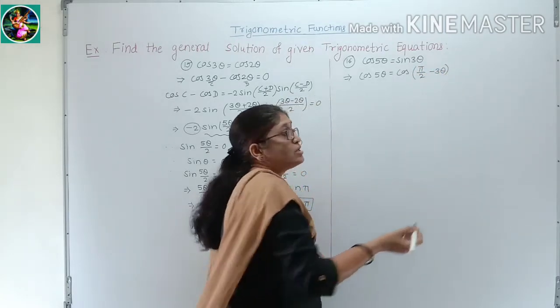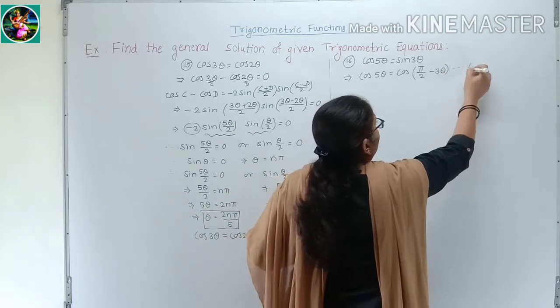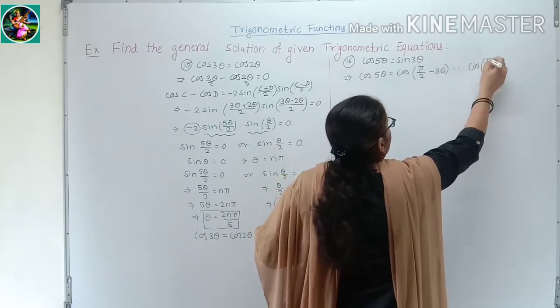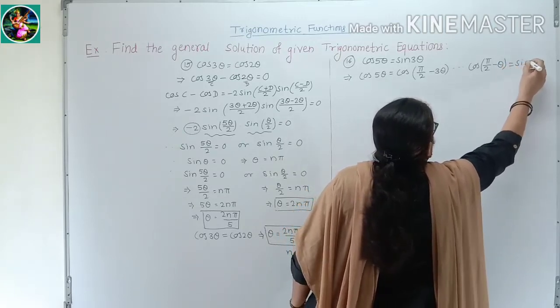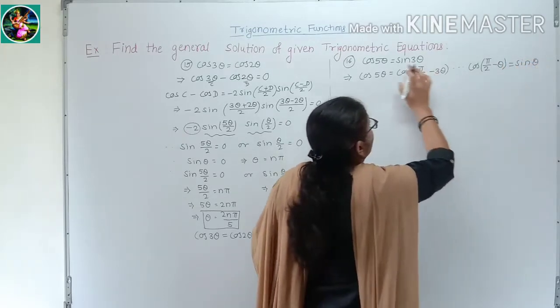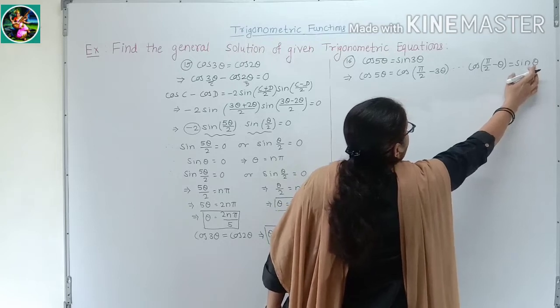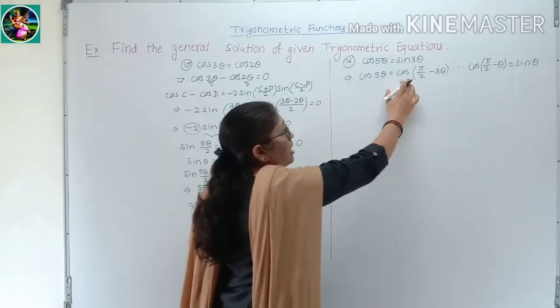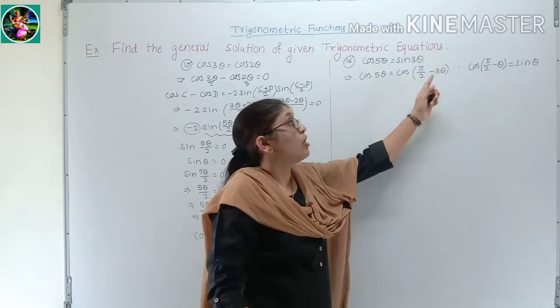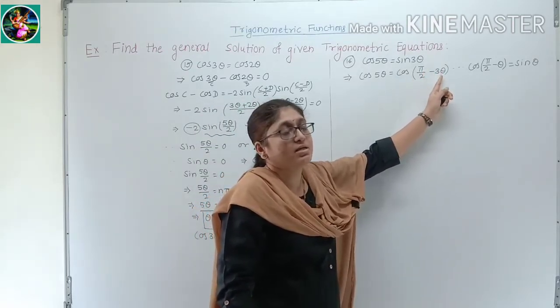Why? Because we have the allied angle formula that cos of pi by 2 minus theta is sin theta. We use the formula that sin of theta is equal to cos of pi by 2 minus theta. Therefore, here we get cos of pi by 2 minus 3 theta.